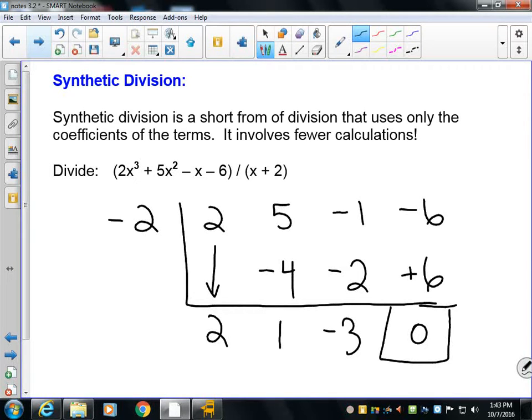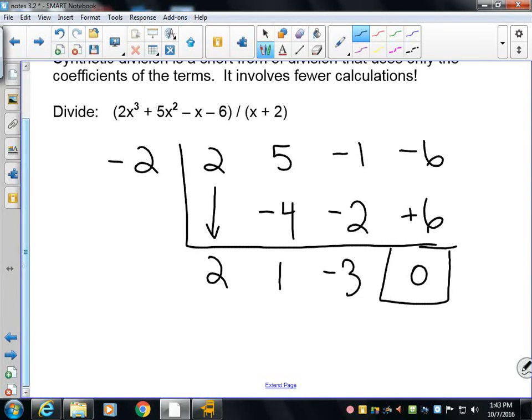The last number is your remainder. Okay? After that, you count, this is your constant, so remainder, this is your constant, this is your x squared. If there was another one, it would be your x cubed. Okay?